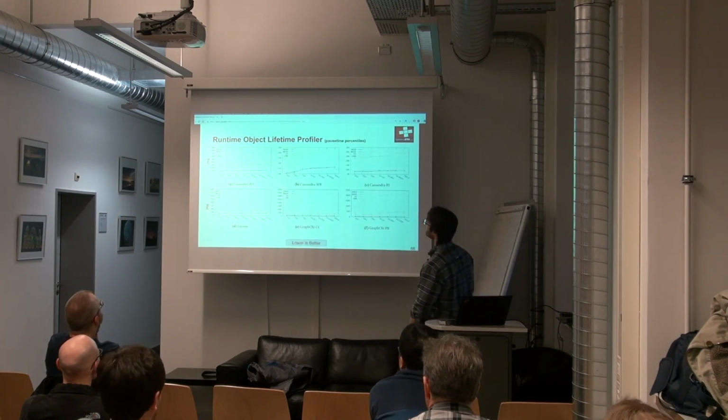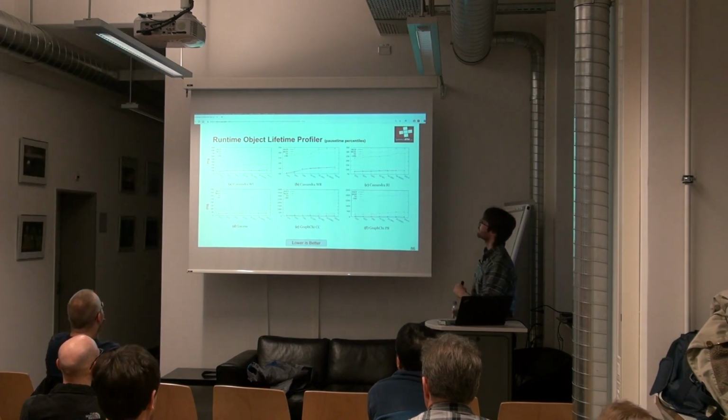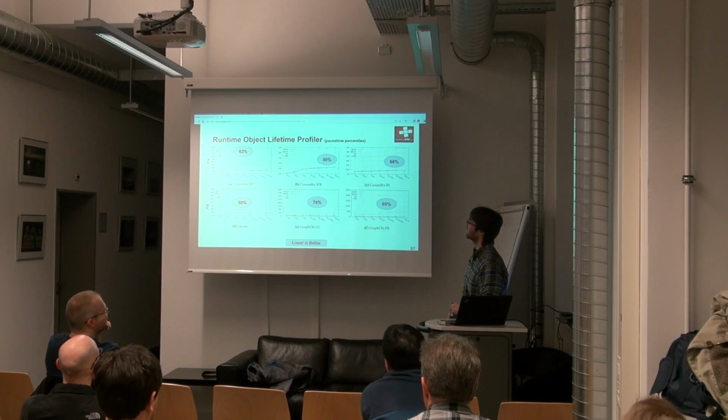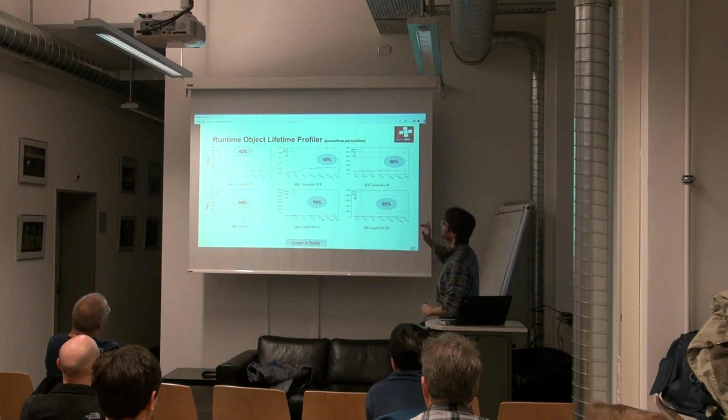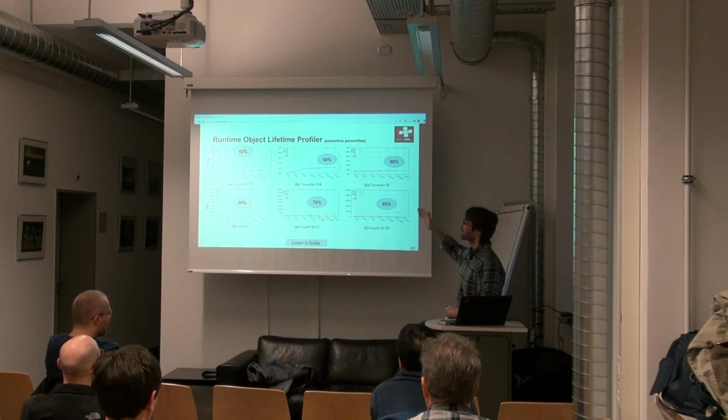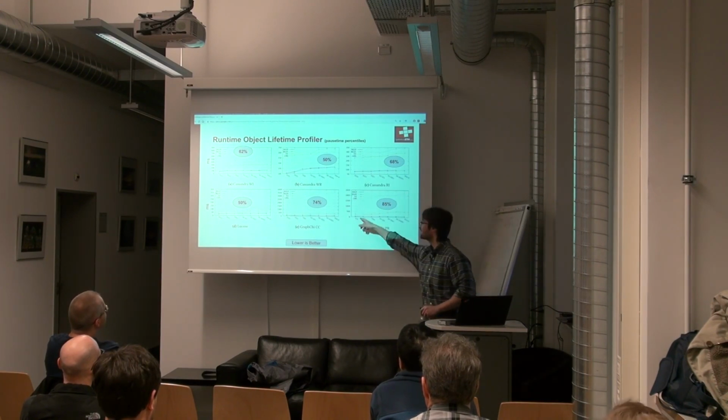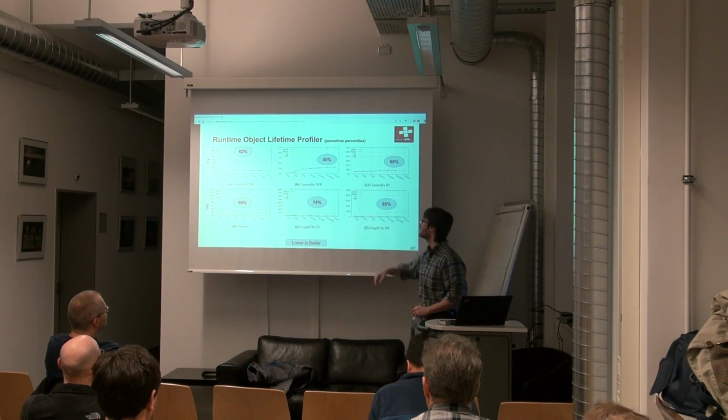Sorry if you cannot see it well, I have to improve the resolution of this. So these are pause time percentiles. It means that at the 50th percentile, 50% of your pauses are below the value shown here.